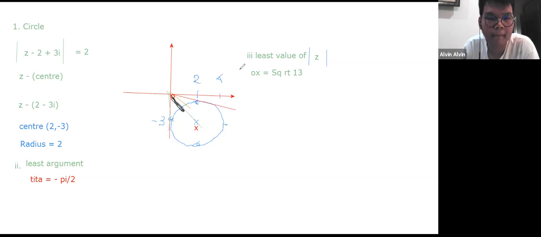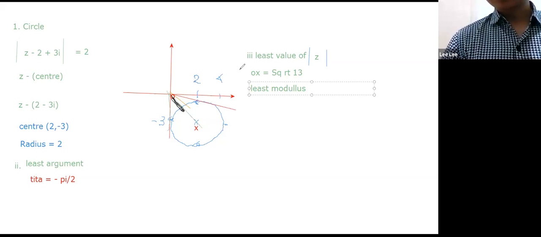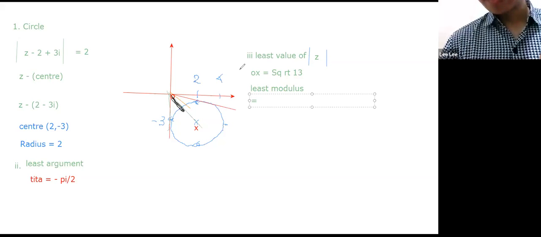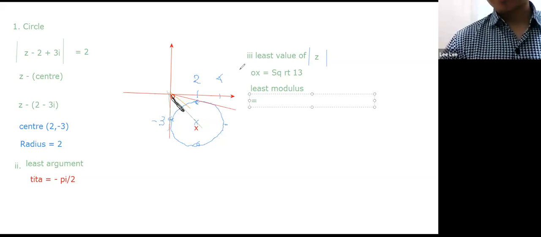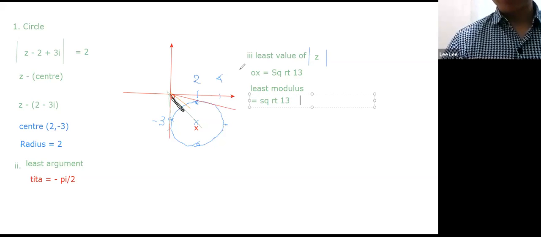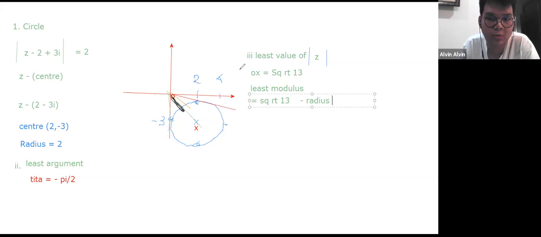So what should I do with the radius? So the least modulus is what? The black color one. That's the shortest. So the least modulus is given by square root 13 minus 1, minus the radius, which in this case is how many? 2.